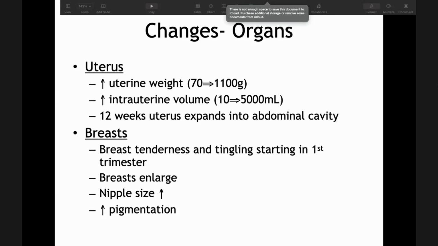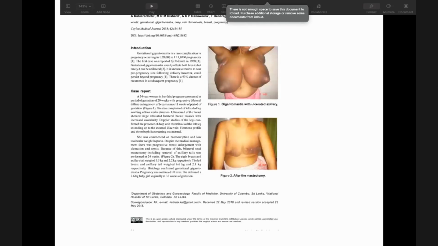And we also had a very interesting case. Since we are a referral center, we get lots of referrals, and all the difficult cases were normally transferred to us. Normally in pregnancy, breast changes occur due to progesterone, estrogen and prolactin hormones.